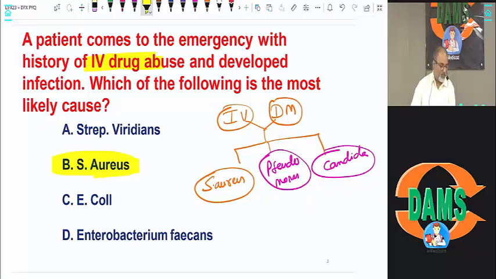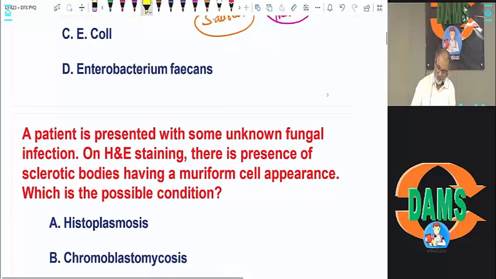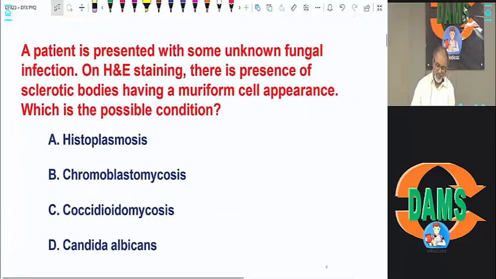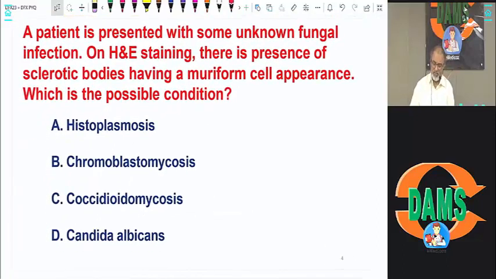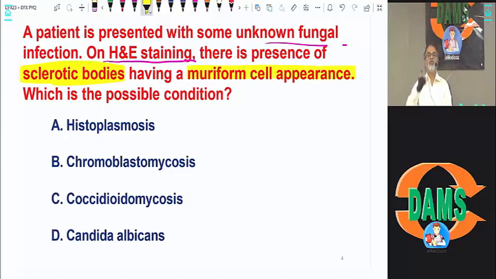Next is, a patient presents with some unknown fungal infection. On histopathological examination, presence of sclerotic bodies having a muriform cell. Chromoblastomycosis, because you know sclerotic body is seen in it.